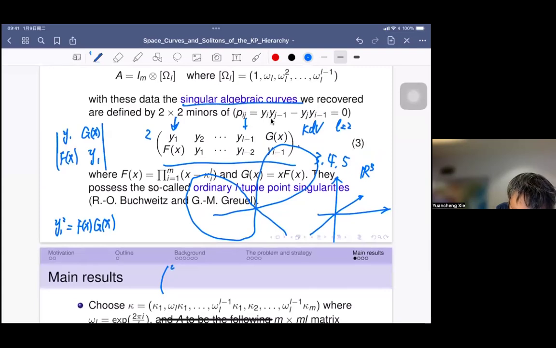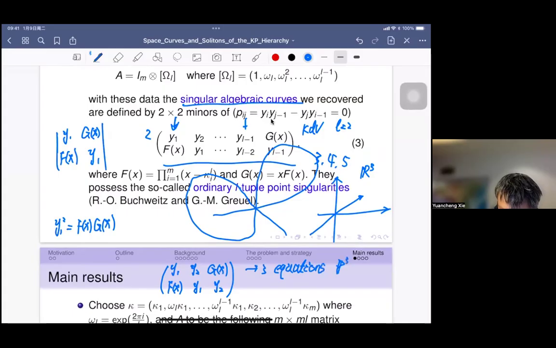For example, with y1, y2, g(x), f(x), you will have 3 equations in projective space P3. And in P3, I only need 2 equations to get a curve.